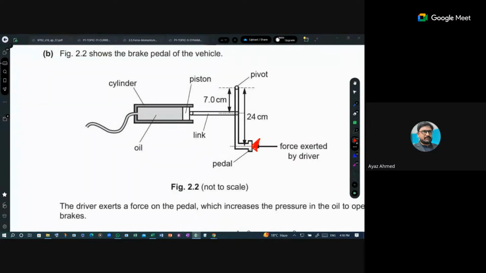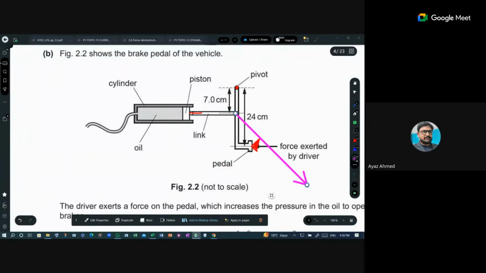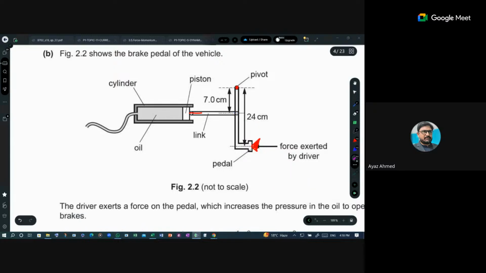When the force is applied over here, the pivot is at the top, and due to this, this piston is pushed forward. When it is pushed forward like this, pressure is exerted on the oil, and when that oil is delivered to the brakes of the tires, what happens?